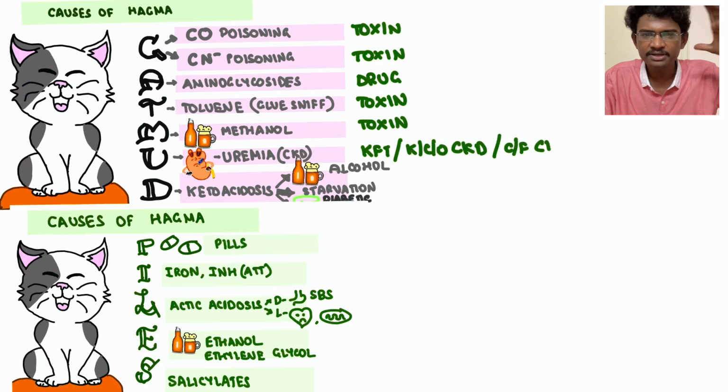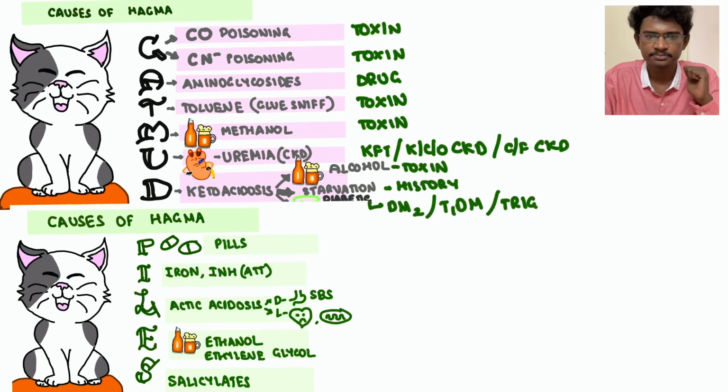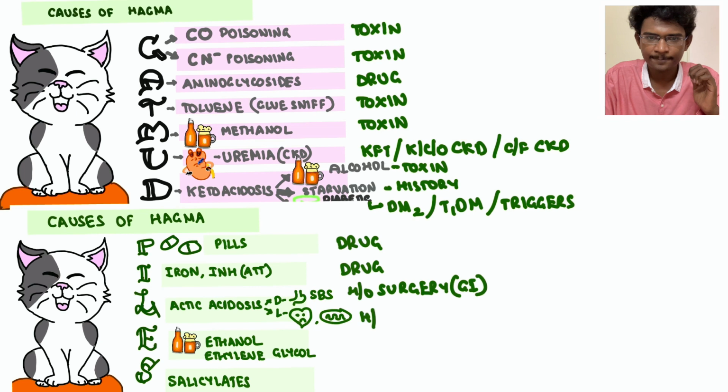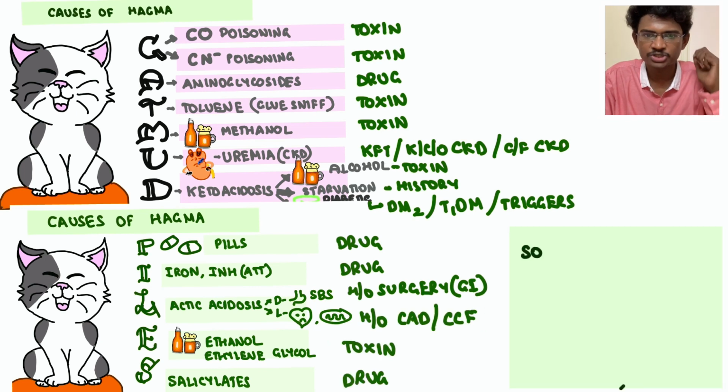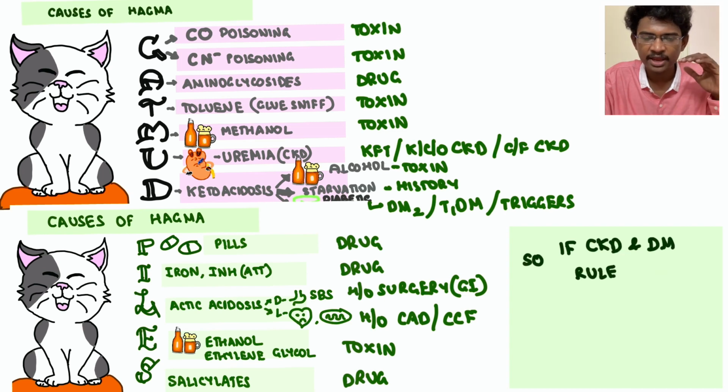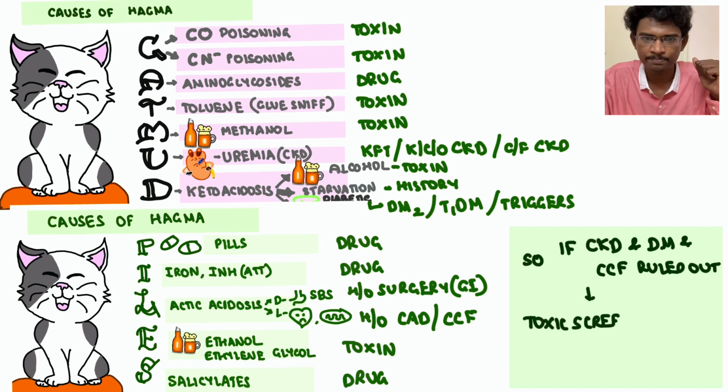So if we briefly see the causes of HAGMA, the majority of them will be a drug or a toxin. The exceptions are, one, ketoacidosis. So check for urine ketones and blood ketones in this patient if HAGMA is found. Next, check kidney function tests because CKD can be a possibility, so ask for history and clinical features of CKD also. Next, if it is due to lactic acidosis, it can be short bowel syndrome causing D-lactic acidosis, so ask for any history of GI surgery.